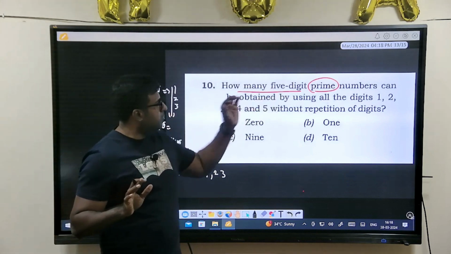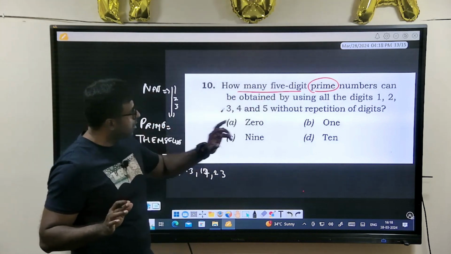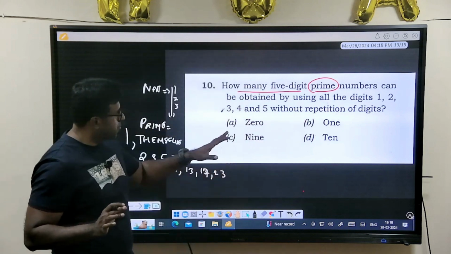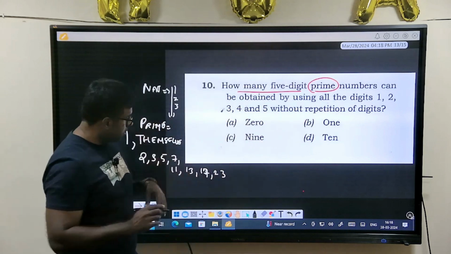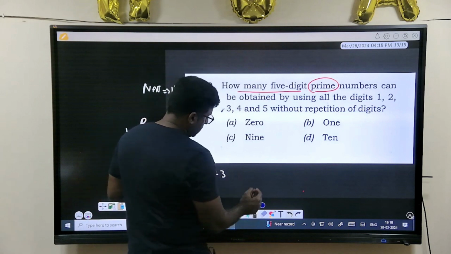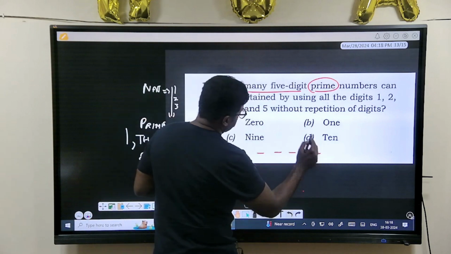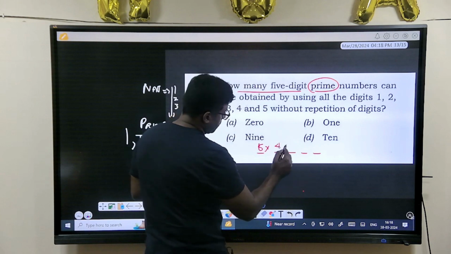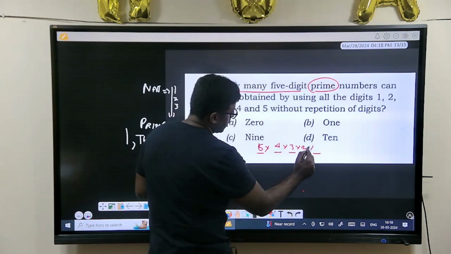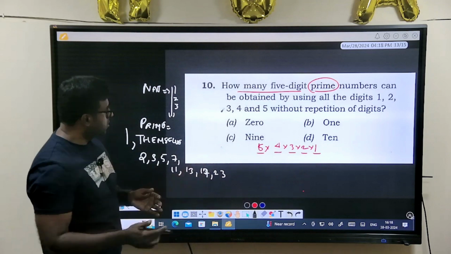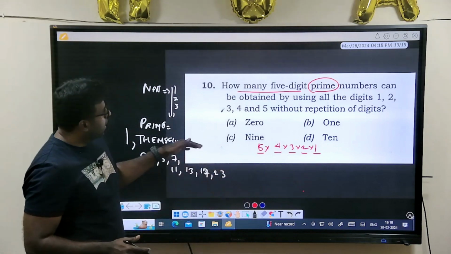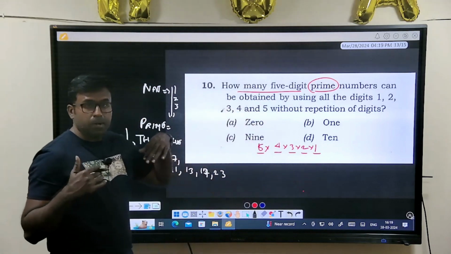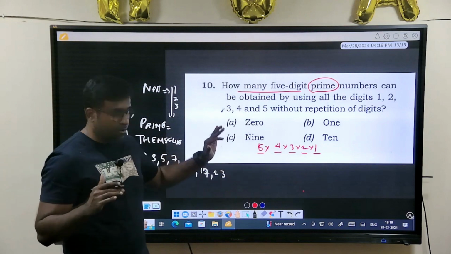So how many prime numbers can be obtained using all the digits 1, 2, 3, 4, 5 without repetition of digits? You have to use 5 digits for forming these numbers. There are so many combinations of numbers which are possible, and you have to choose only prime numbers from these.